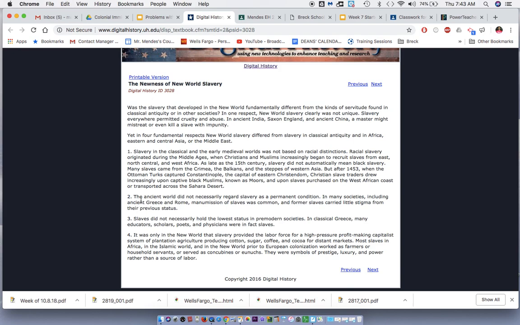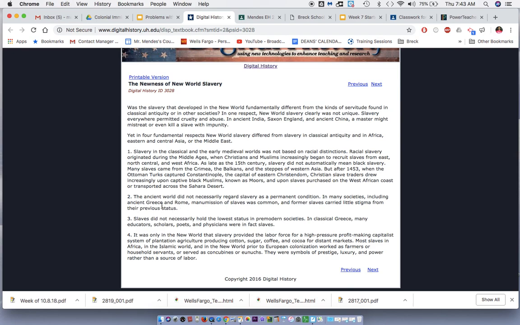Number 2. The ancient world did not necessarily regard slavery as a permanent condition. In many societies, including ancient Greece and Rome, manumission of enslaved people was common, and a former enslaved person carried little stigma from their previous status.